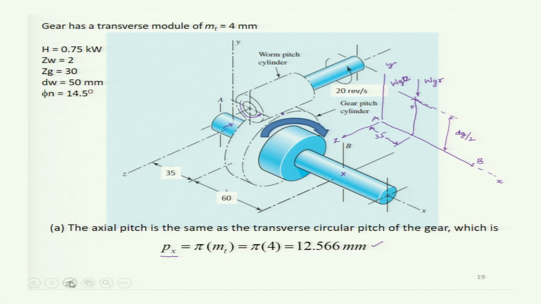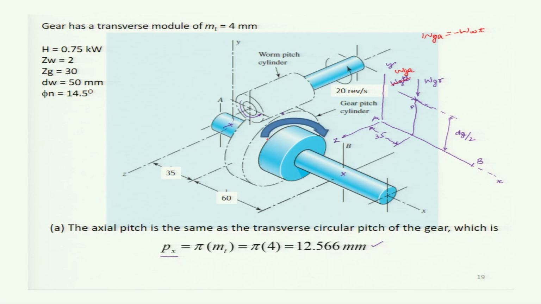Okay. So let me change this, this is W_GA, and W_GA will equal minus W_W transmitted.